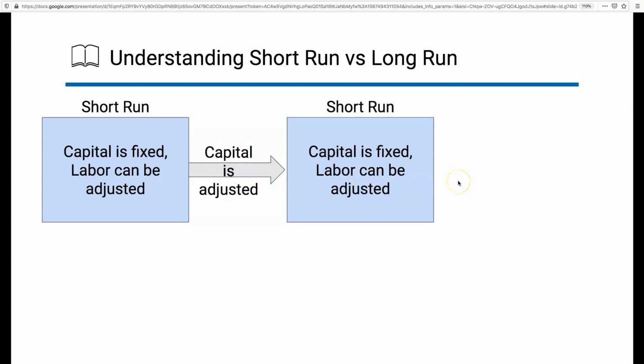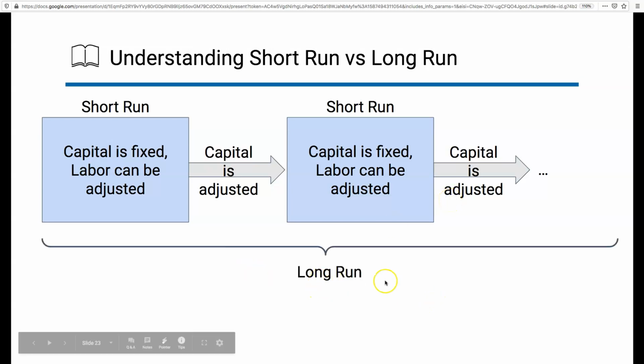And so the lifespan of a firm is that sequence of short runs in between which it adjusts the amount of capital that it has. And so think about that sequence as the long run. So in the long run, you can decide how many factories you're going to have, where those factories are going to be located, whether you're going to be producing cars or, I don't know, microwaves.